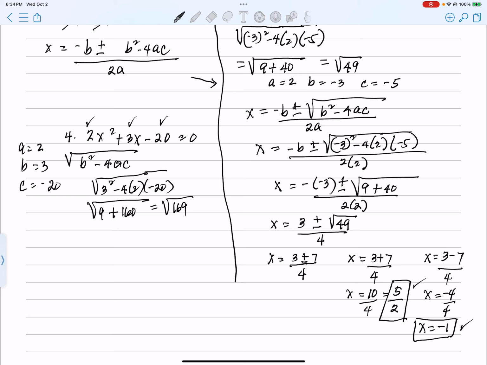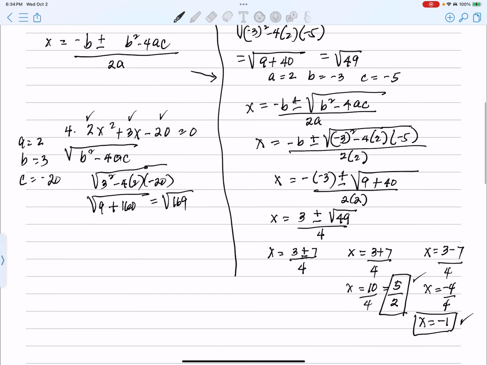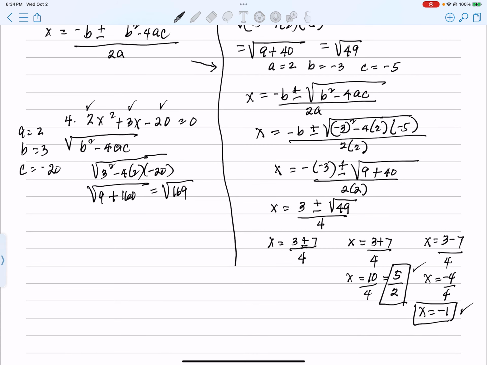Okay? So let's say we try to do it by factoring. What are the factors of 20? We have negative 20, right?